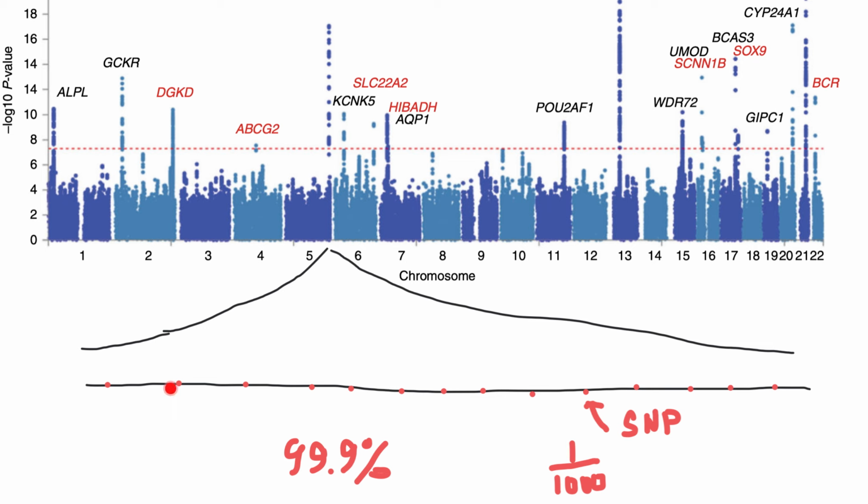Of course, they are not spread this evenly. Sometimes they can be closer to each other, sometimes we may have a long stretch without such polymorphisms, but on average, what makes us different is just 1 out of 1,000 places where we are different.